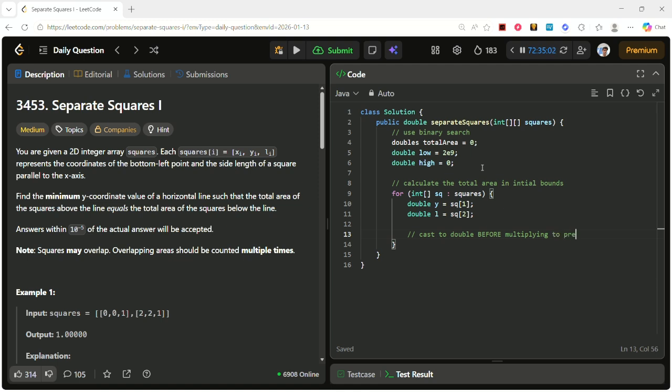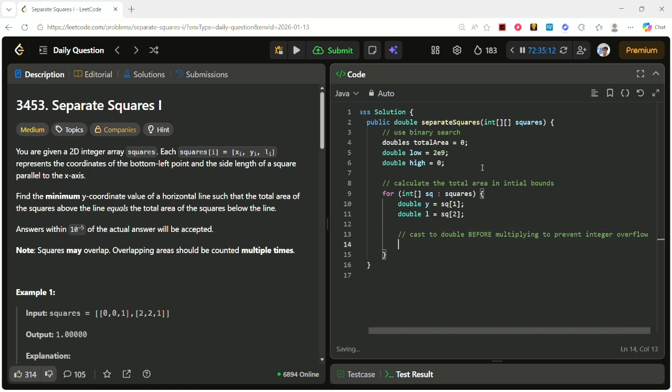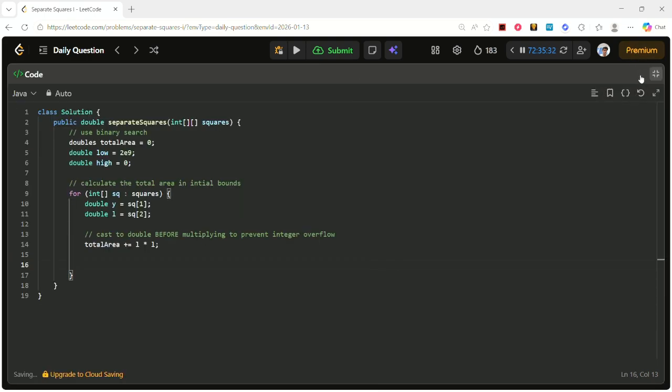The total area adds L into L, the area of the square, side squared, stored as double for precision. Then low is equal to Math.min of low and y, updating the lowest y coordinate among all squares.